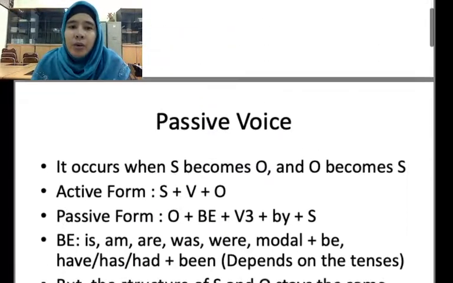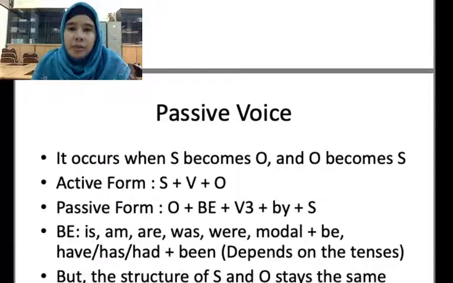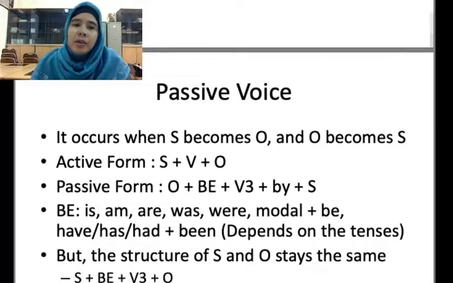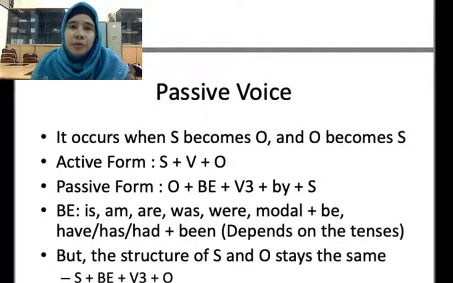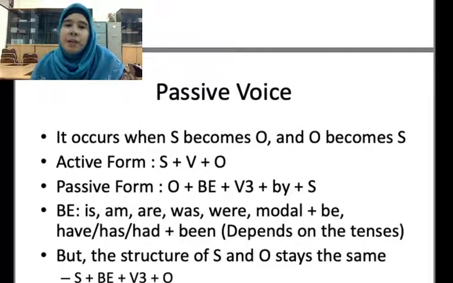Okay, let me go with the definitions. The passive voice occurs when the subject becomes the object, and the object becomes the subject. So if you want to change the object in your sentence into the subject, and either way the subject into the object, you will need to have the passive voice.